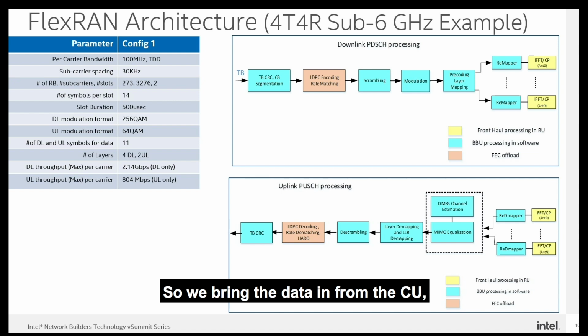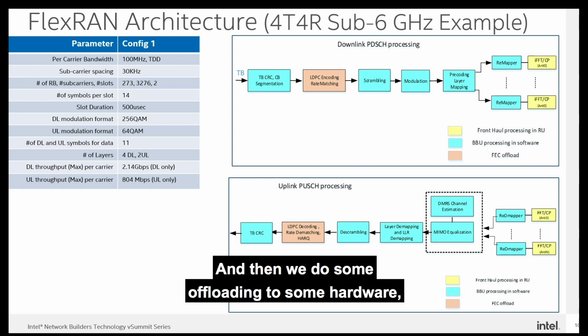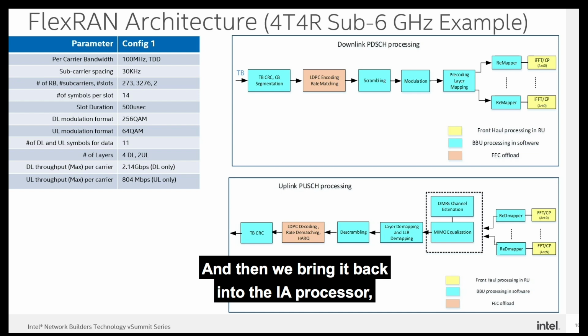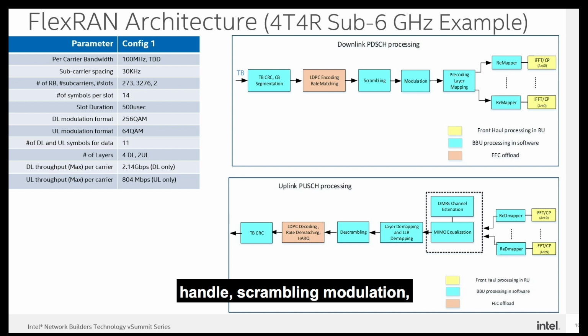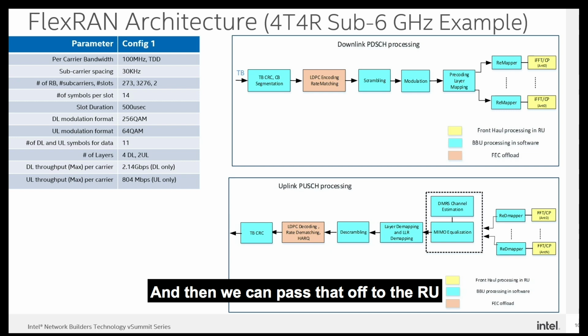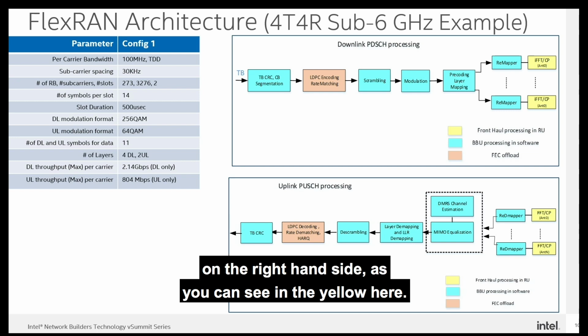So we bring the data in from the CU, and we do some processing in the IA CPU, and then we do some offloading to hardware for the FEC processing, and then we bring it back into the IA processor to handle scrambling, modulation, some of the pre-coding, and mapping, remapping, etc. And then we can pass that off to the RU on the right-hand side, as you can see in yellow here.